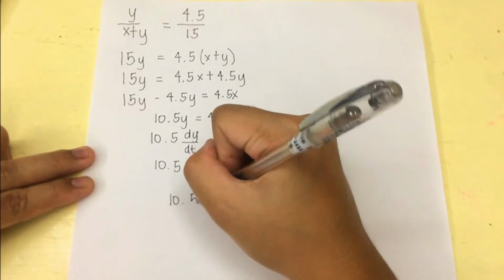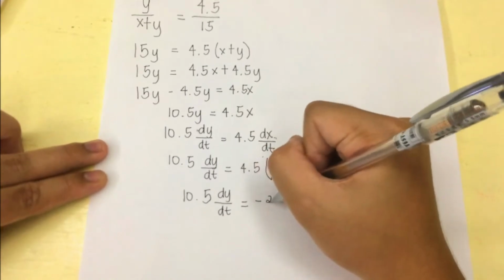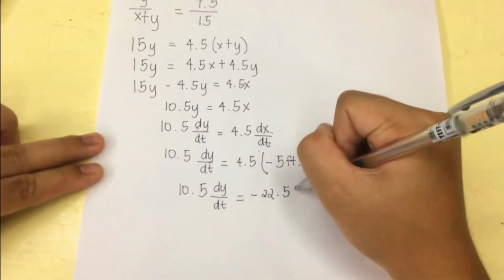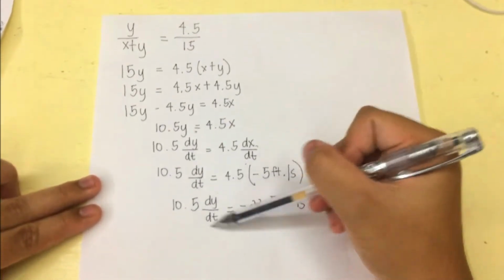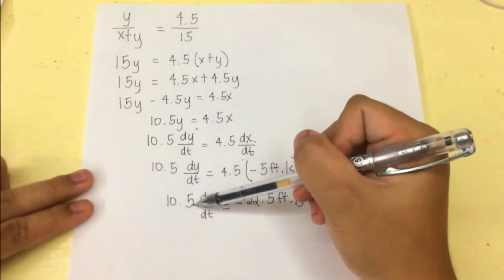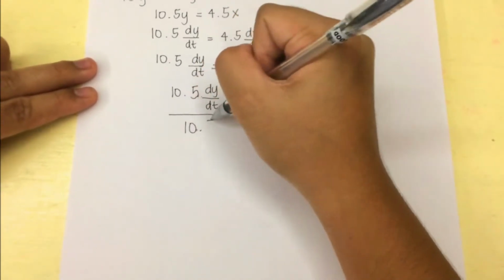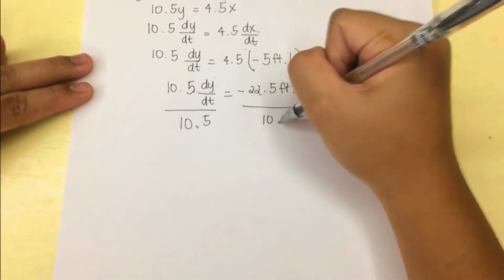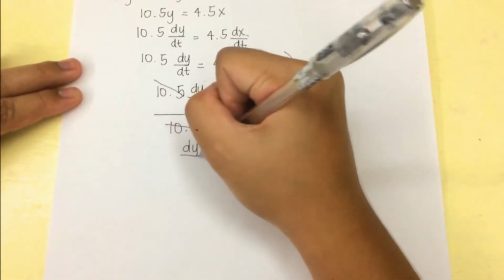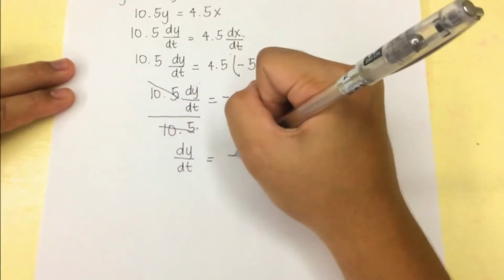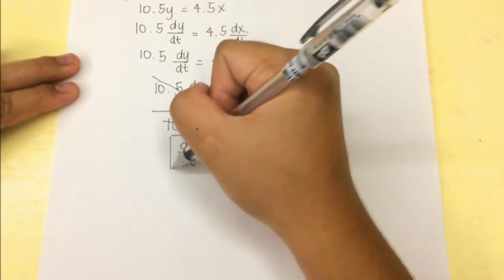So 10.5 dy/dt is equal to negative 22.5 feet per second. Since we are finding dy/dt, we have to divide both sides of the equation by 10.5, and then we cross out. So dy/dt is equal to negative 2.14 feet per second. That is our answer for part A.